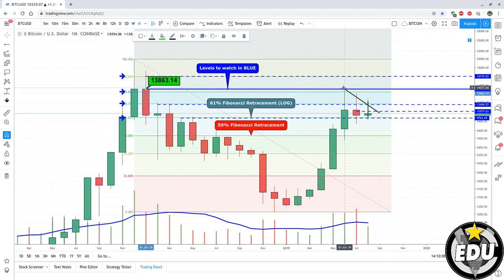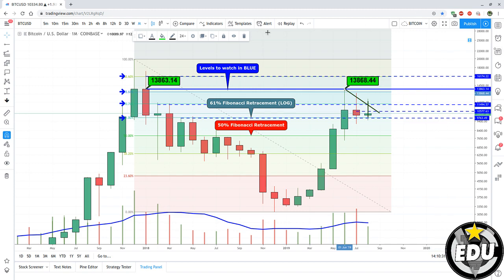If I go here, 13868. So it's just extremely perfect, extremely perfect. Price was off by just $5. So it was an important level to look at.